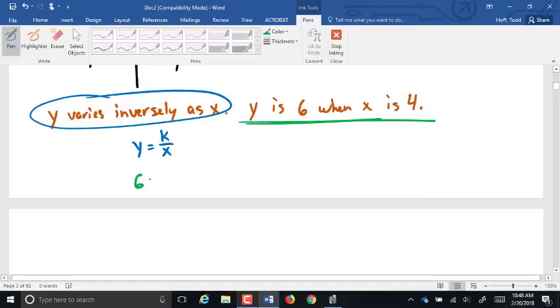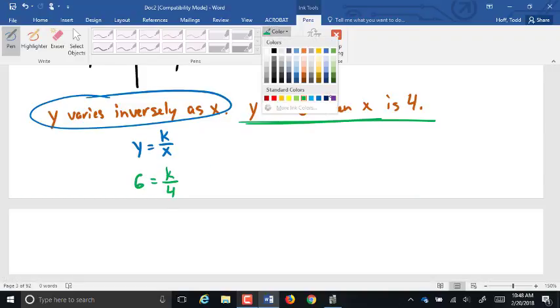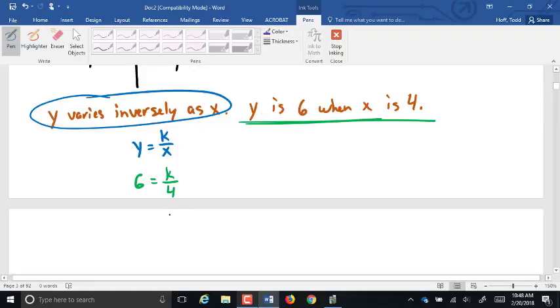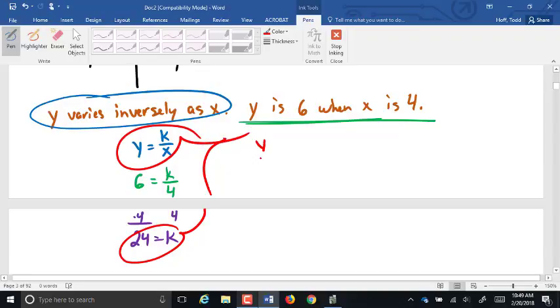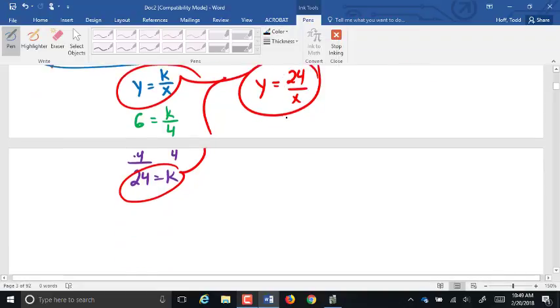So y is 6 equals k over 4. Now to solve for k, we're not dividing, we are multiplying by 4. So 24 equals k. That tells us that the relationship is y equals 24 divided by x. And yes, we can go that next step.